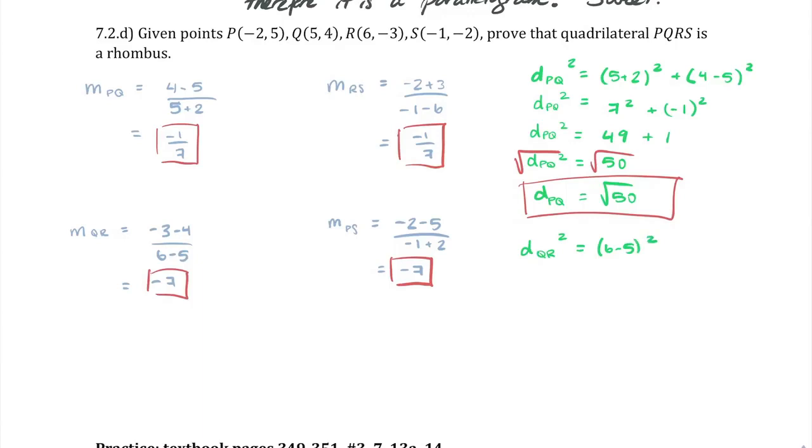So we have the change in x's squared and the change in y squared. And we could carry this down. And 1 squared is 1, negative 7 squared is 49. So we get 50.